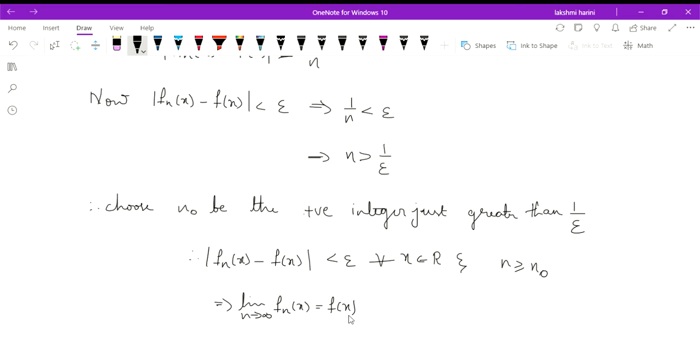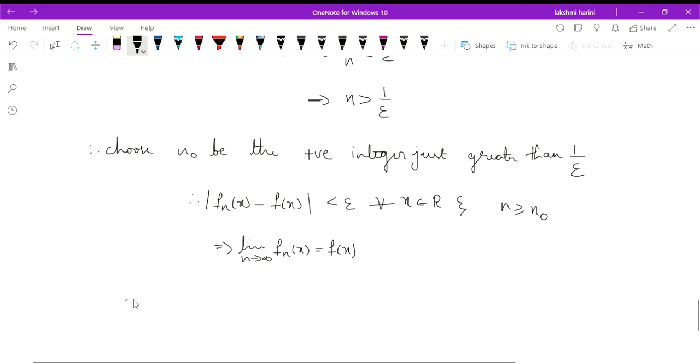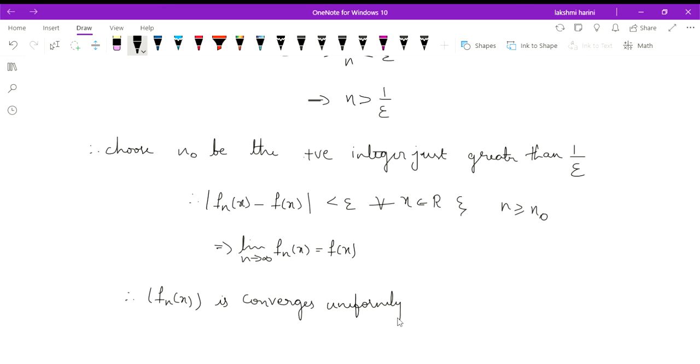Therefore we can tell that the sequence fn of x converges uniformly.